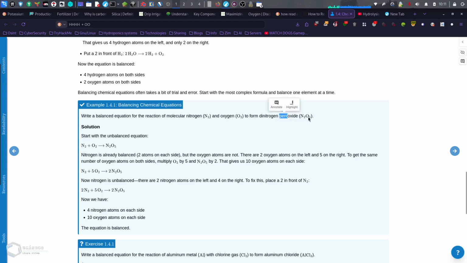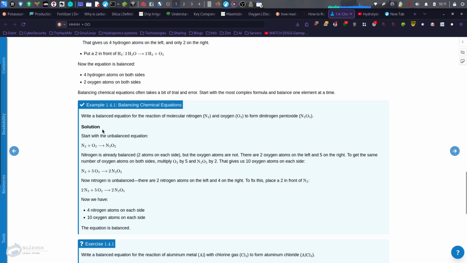Pent means 5 oxide. Di means 2 nitrogen, so dinitrogen pentoxide.